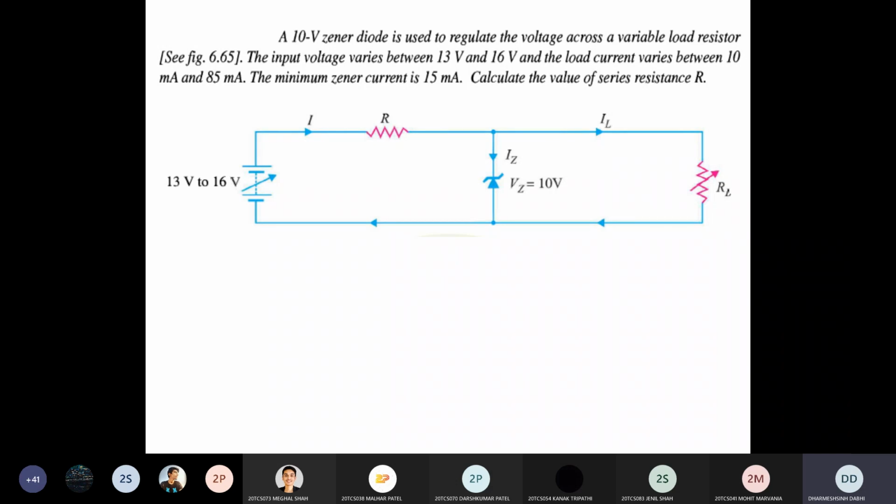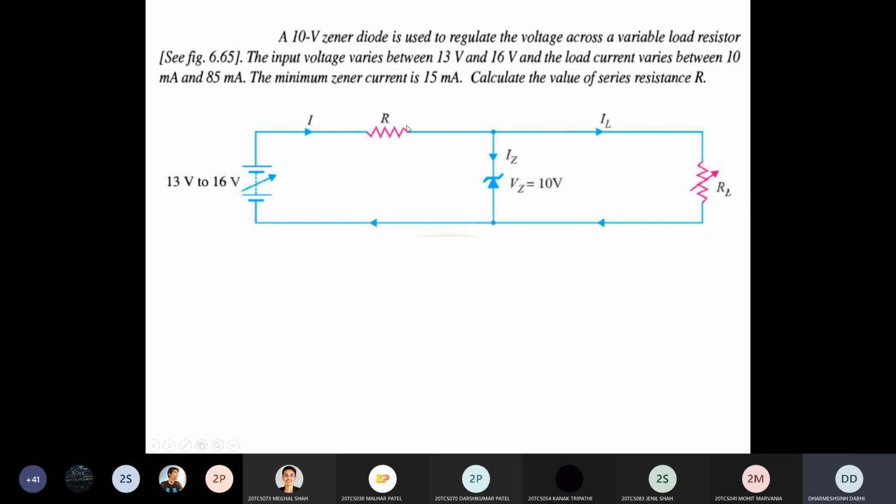Can you calculate this? Yes, anyone can calculate this current?